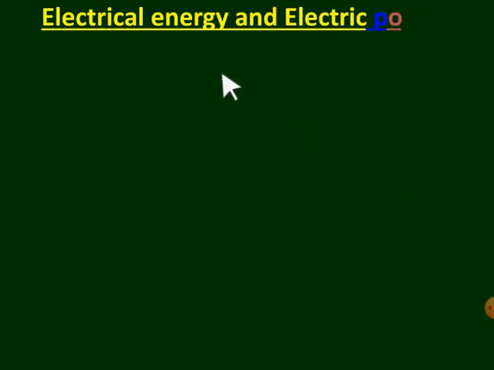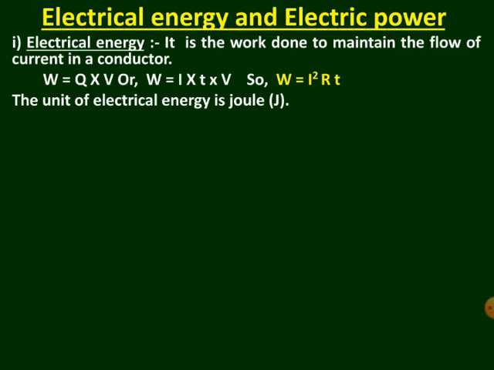That means electrical energy and electric power. We have done that one, just in the case of the amount of heat produced. That amount of heat produced is nothing but the amount of work done in transferring that charge from one point to another point having potential difference V. Got it? So this is the amount of work done.